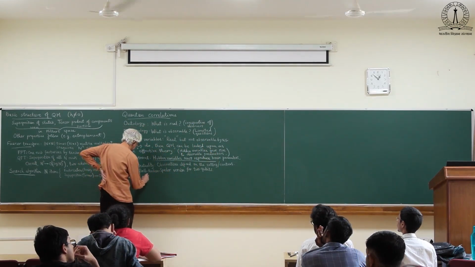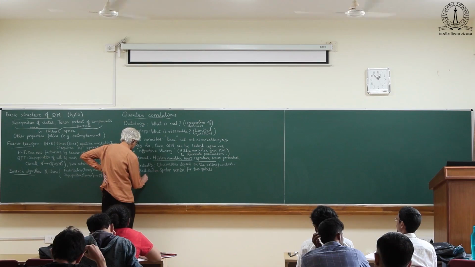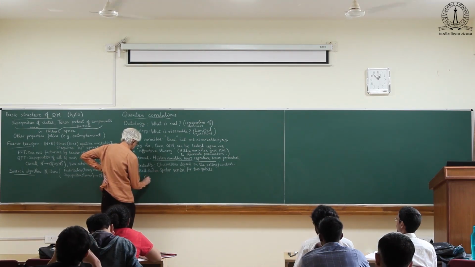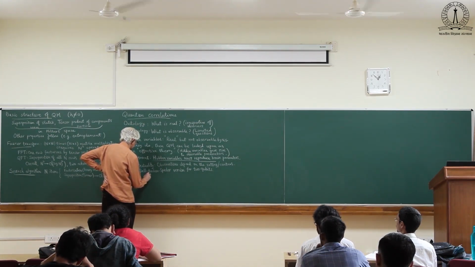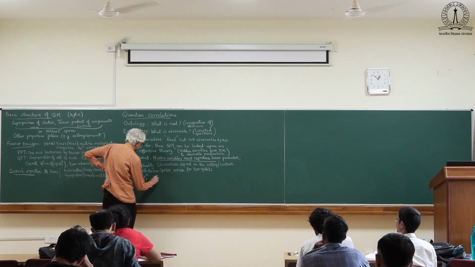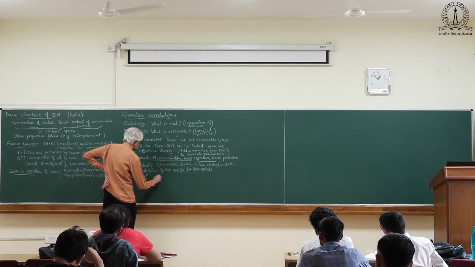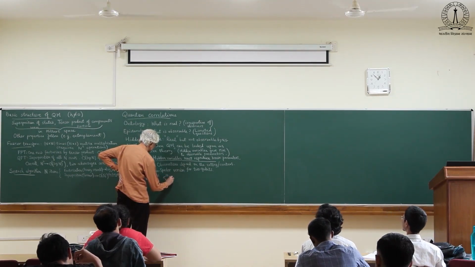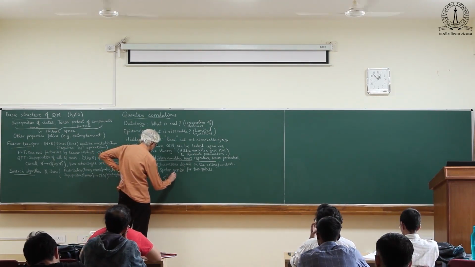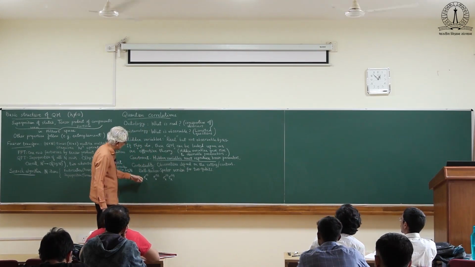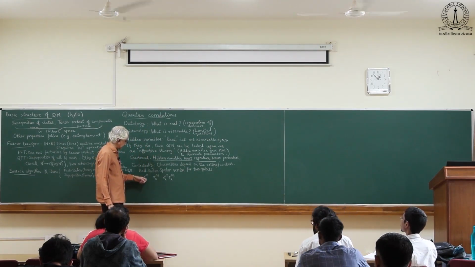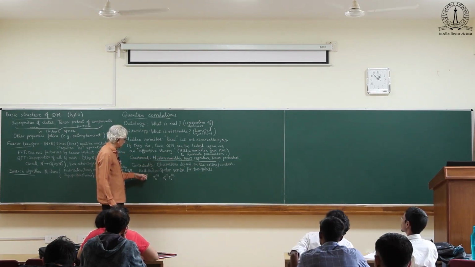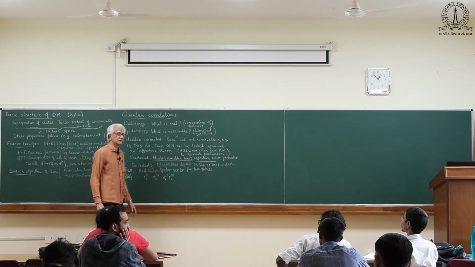So look at this set of observables which are arranged in a 3 by 3 array. Where sigma x refers to measuring the x component of this qubit on the first qubit, and this refers to measuring it on the second qubit.